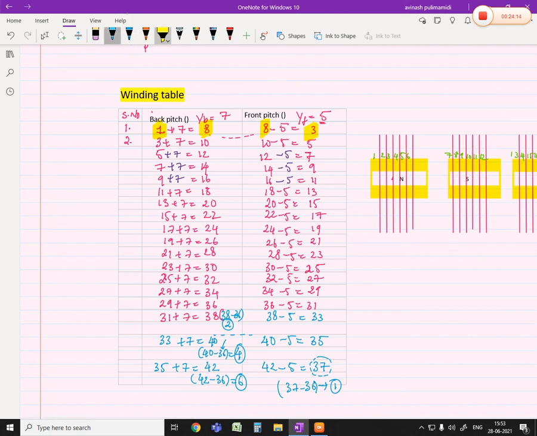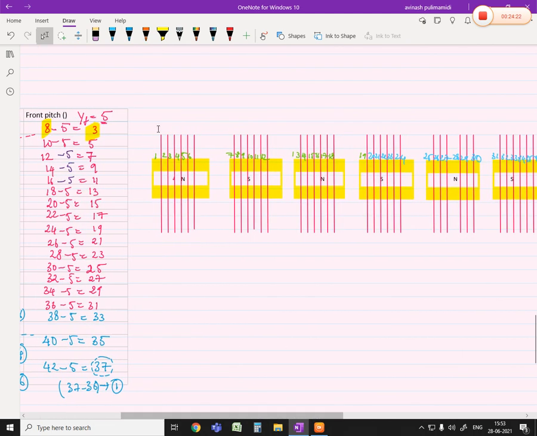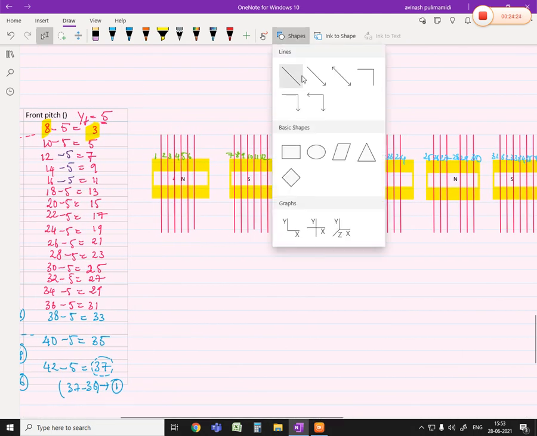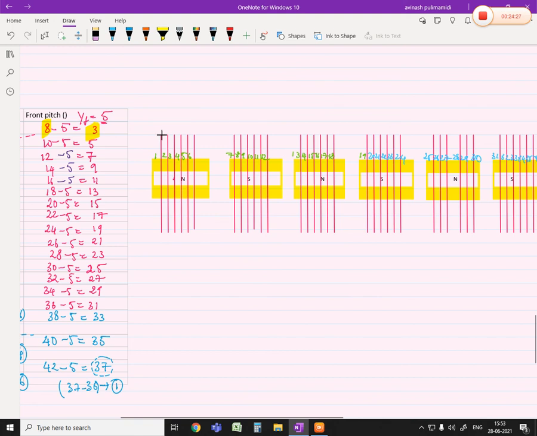So let me change the ink values here. Conductor 1 is connected to 8th conductor.